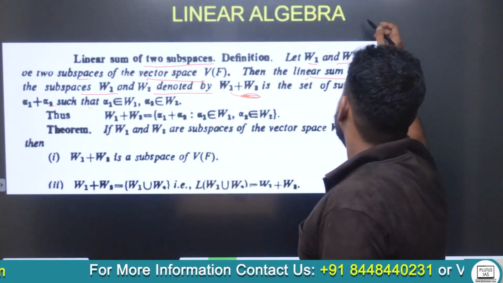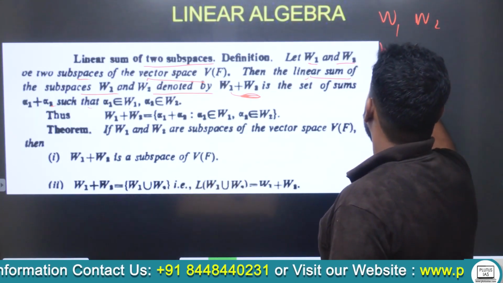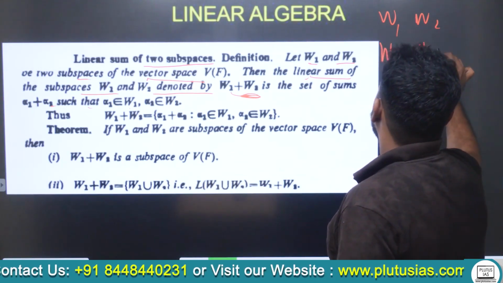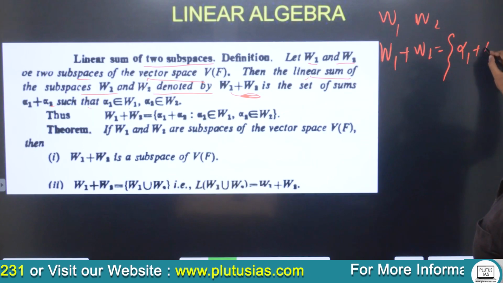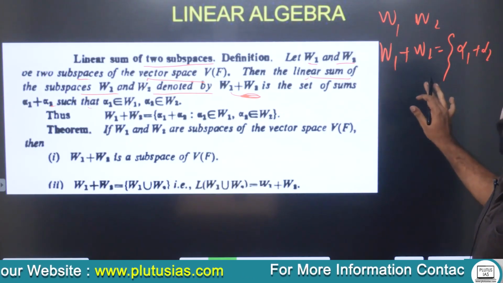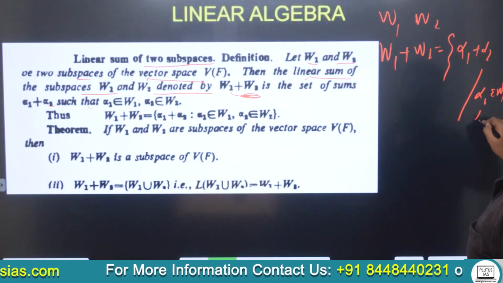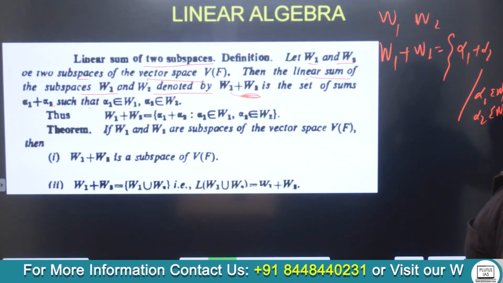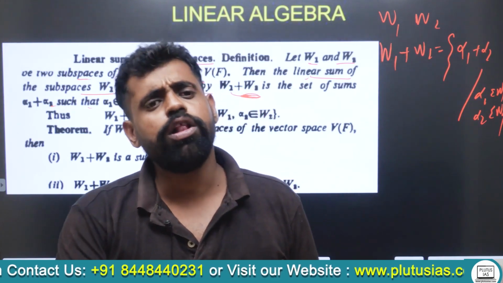Okay, so consider two subspaces W1 and W2. Then W1 plus W2 is nothing but all the elements of the form alpha 1 plus alpha 2, such that alpha 1 belongs to W1 and alpha 2 belongs to W2. Okay, all those elements.